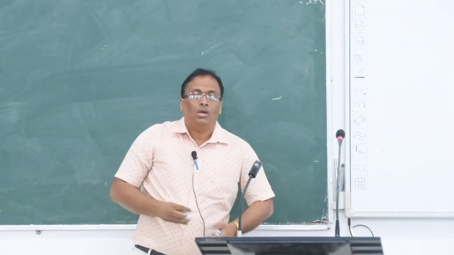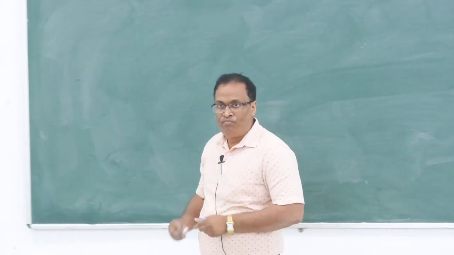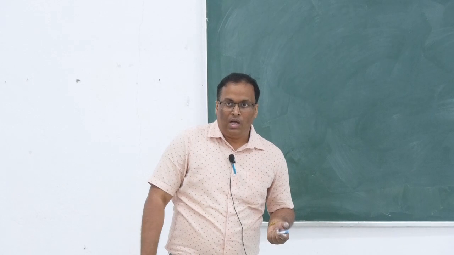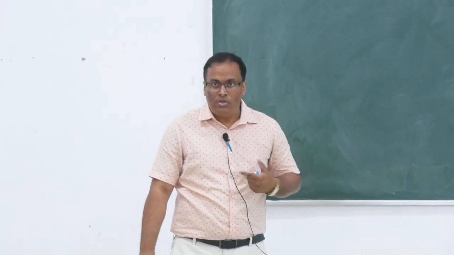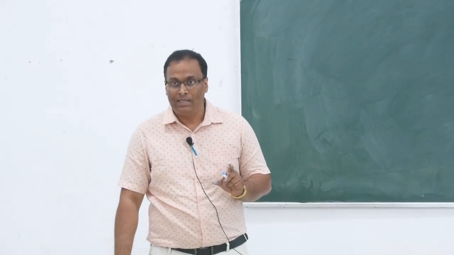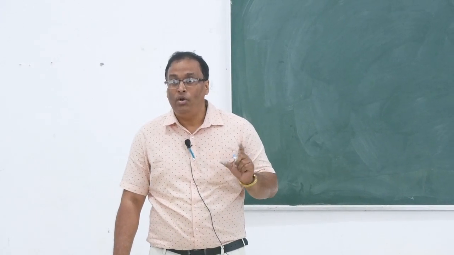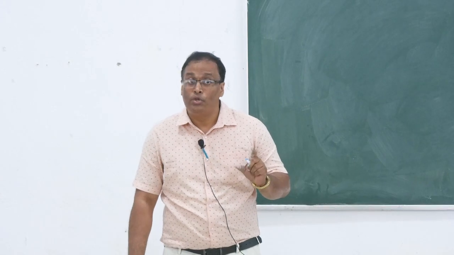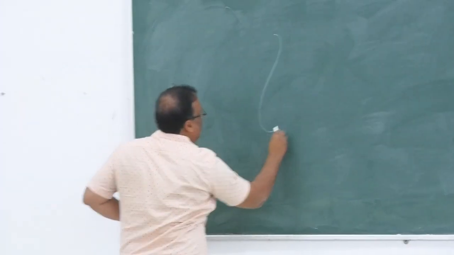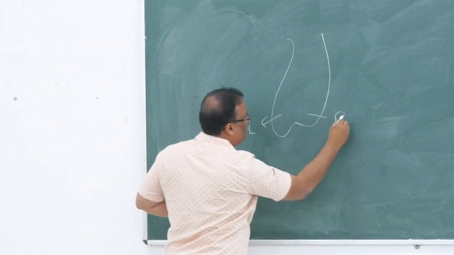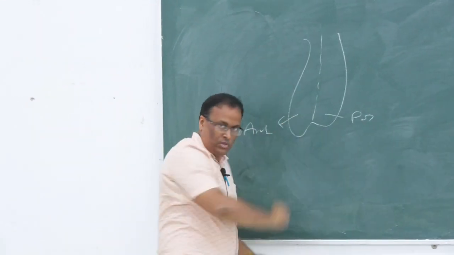Now, in the pituitary and hypothalamus, some hormones are made and stored. The pituitary has two parts, anterior and posterior. If I draw a pituitary gland, this is the anterior part and this is the posterior part, right?